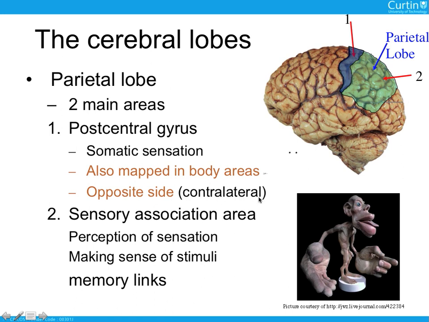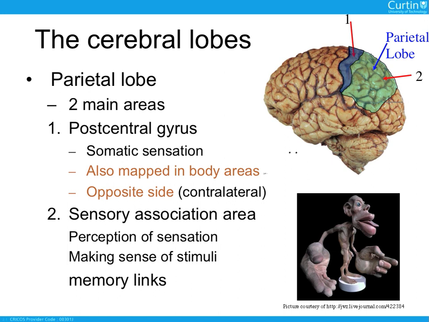So the left primary somatosensory cortex is housed within the postcentral gyrus, and it receives sensation from the right side. Cool. Number two is the sensory association area, sometimes called the posterior parietal cortex.